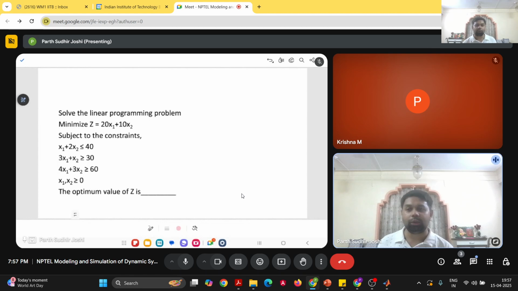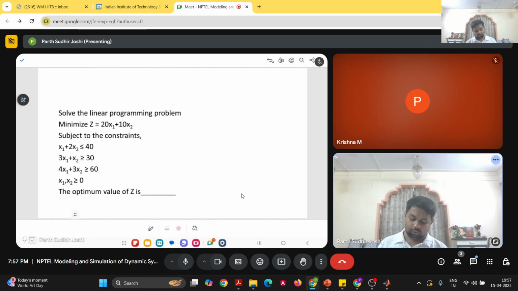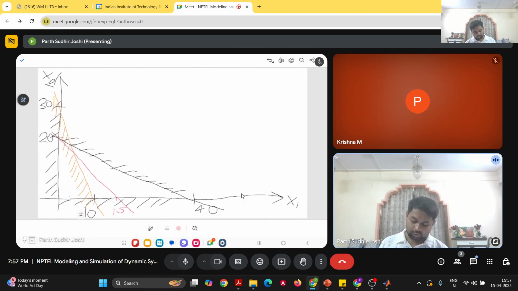If we substitute 0, 0, then 0 is greater than or equal to 60 does not satisfy the constraint. So the origin is not in the feasible region. So the zone which lies above this line is the feasible one.